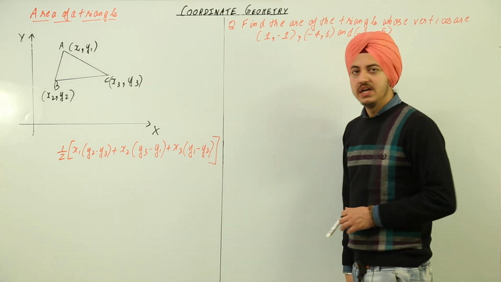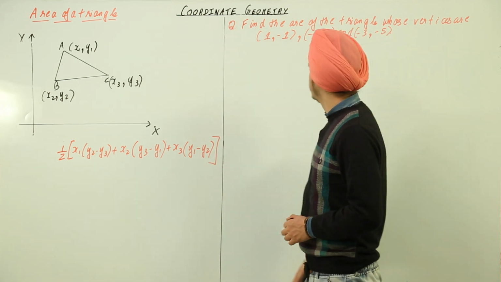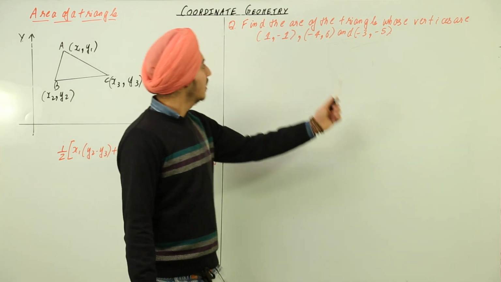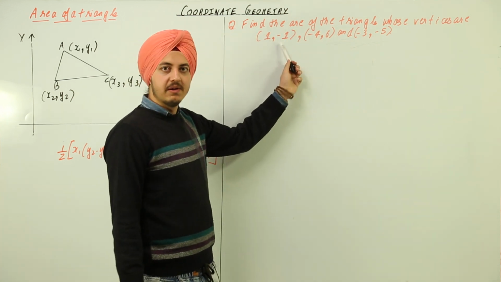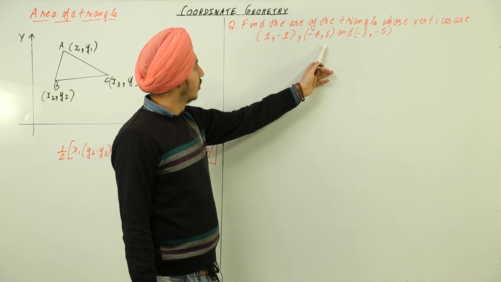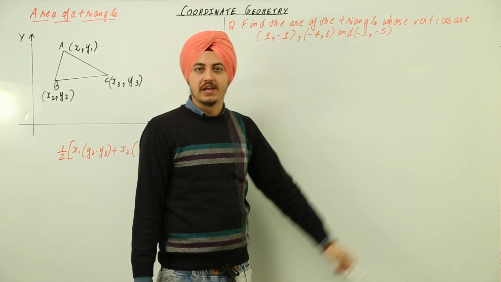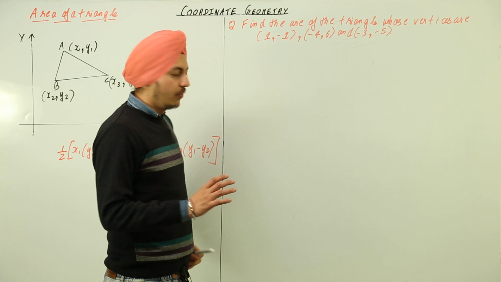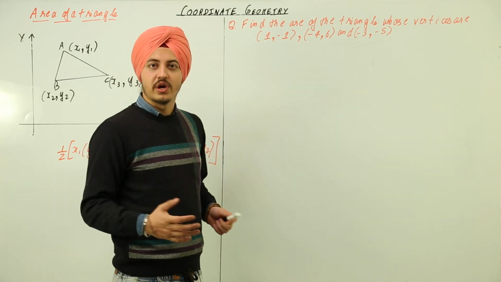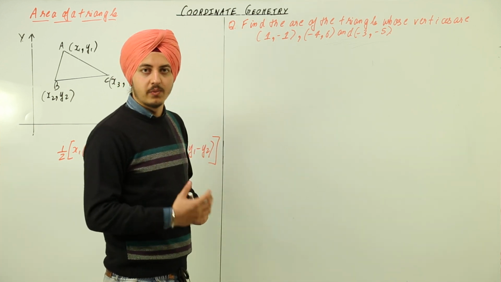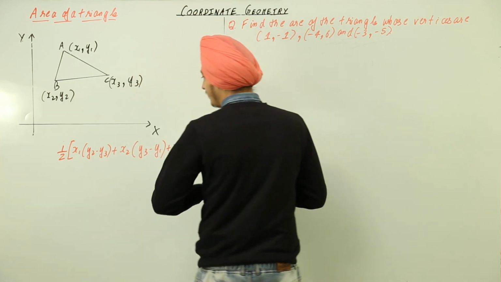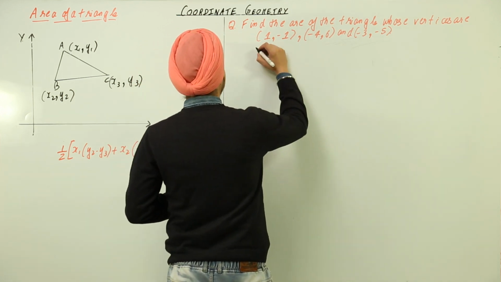Now, using this formula, we are going to find the area of the triangle whose vertices are (1, -1), (-4, 6) and (-3, -5). First of all, I'll write down the values for x1, x2, x3, y1, y2, y3, correct?